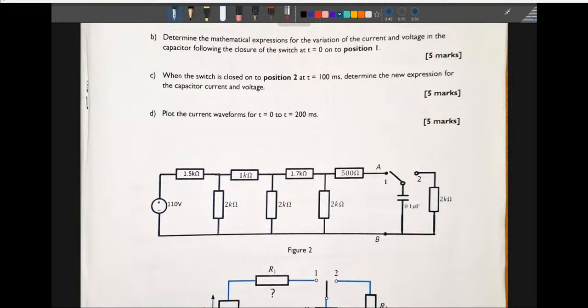Okay, I need to just remove this thing. Okay, let's go through this.